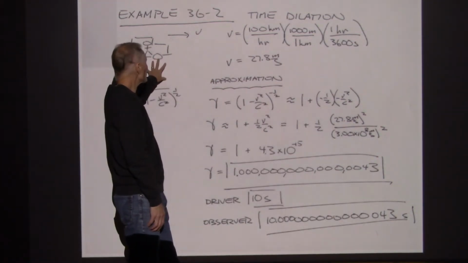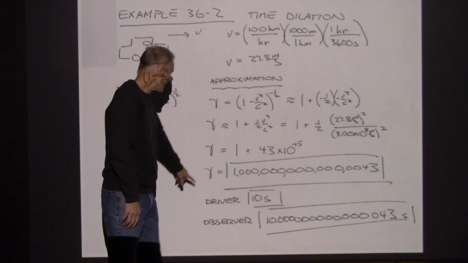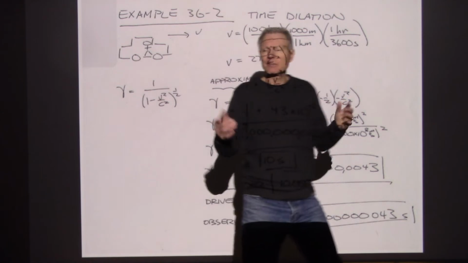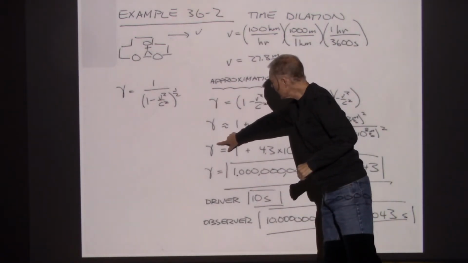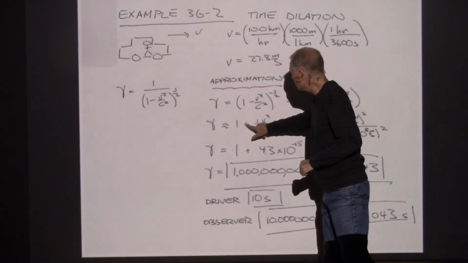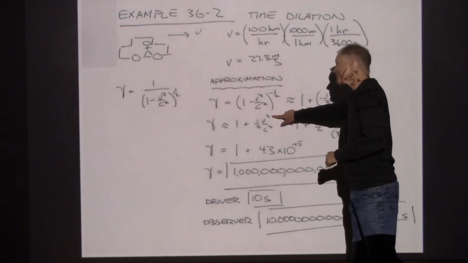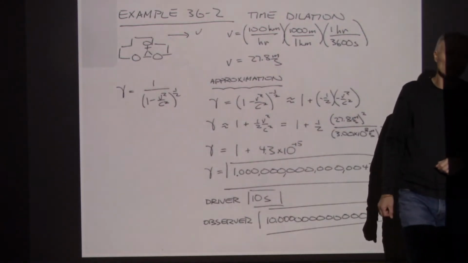For this car traveling at 27.8 meters per second, I wrote this out using this formula, not from my calculator. Gamma is approximately 1 plus 1/2 v squared over c squared, and 1/2 v squared over c squared is 4.3 times 10 to the minus 15.